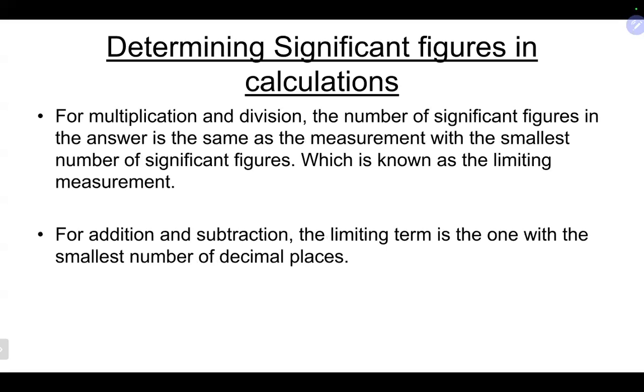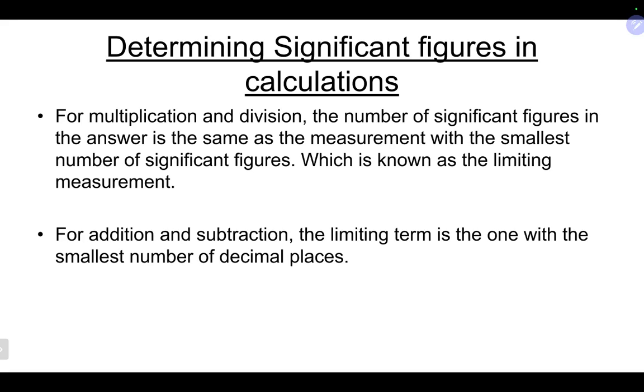So let's talk about calculations to make sure everyone's on the same page and what we should be doing. There's really 2 groups of calculations that we do. We either multiply and divide, or we add and subtract. If you multiply and divide, the answer you should end up with should have the same number of significant figures as the number with the least number of significant figures.